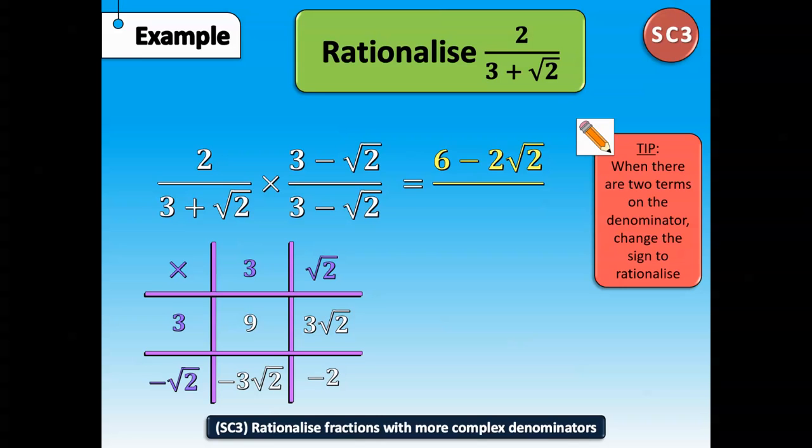And root 2 times minus root 2 is minus 2. If we add all of those terms together, we get the answer 7. 9 take away 2 is 7, and 3 root 2 take away 3 root 2 would cancel each other out. So on the bottom of the fraction, we just have 7, and so we've rationalised it.